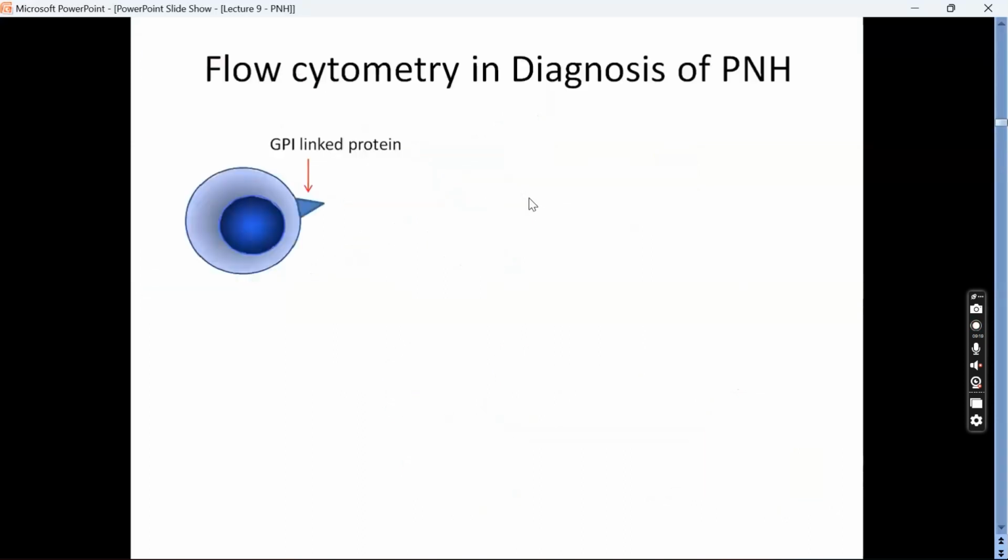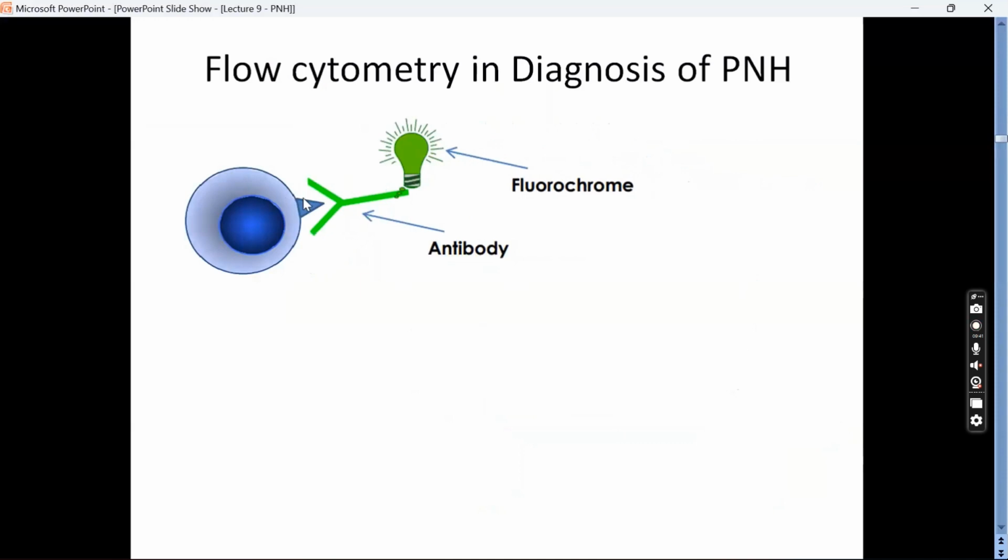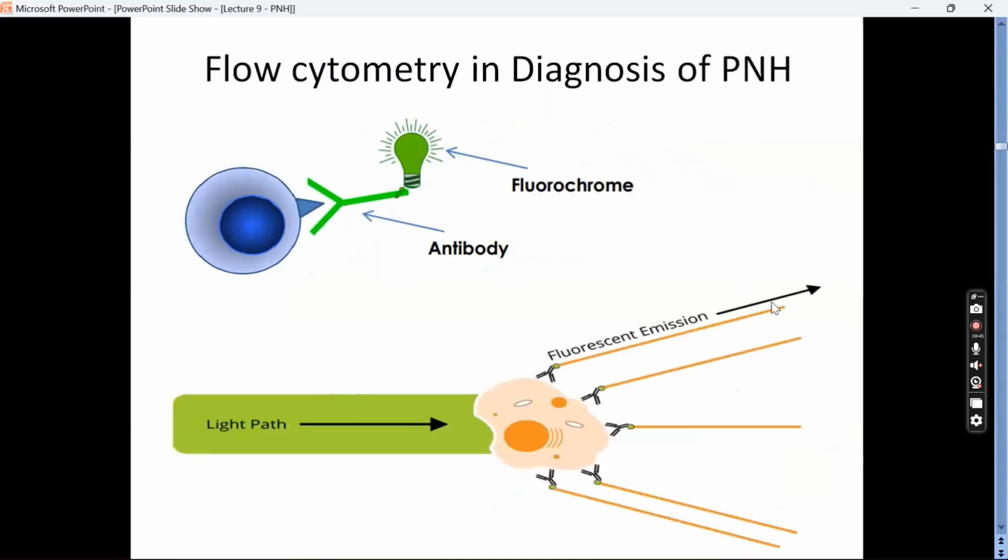What I said, I'm just going to show you in a pictorial representation. This is the cell, and if it's a normal cell, it has a GPI-linked protein. What we do is use an antibody against this particular GPI protein, which is tagged to a fluorochrome. Once we add it, it goes and binds to the cell, and when we run it through a flow cytometer, we get the signal.